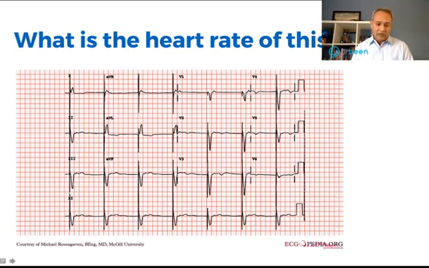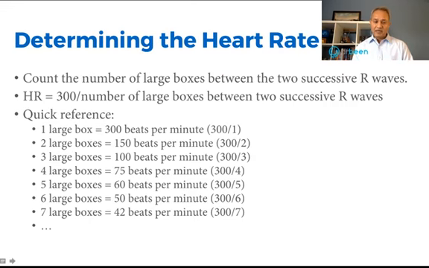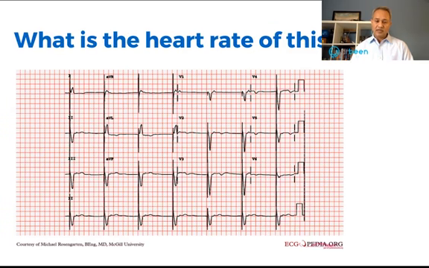So here, 1, 2, 3, 4, 5, 6, 7 boxes. So about 7 boxes. If I go back here, 300 divided by 7 is about 42 beats per minute. So this person has a rhythm of 42 beats per minute.